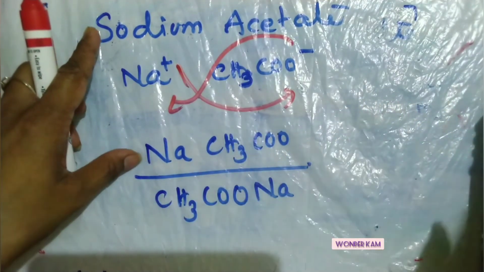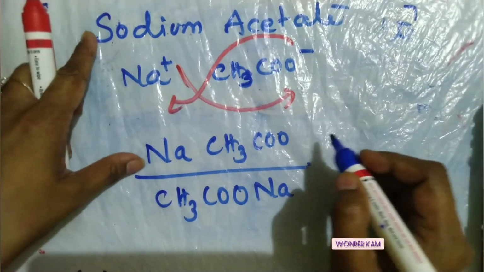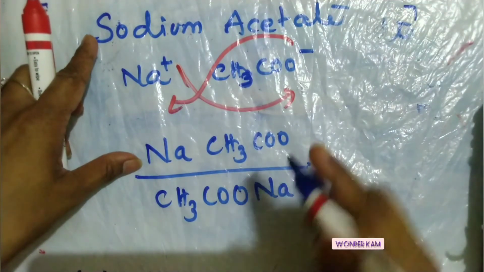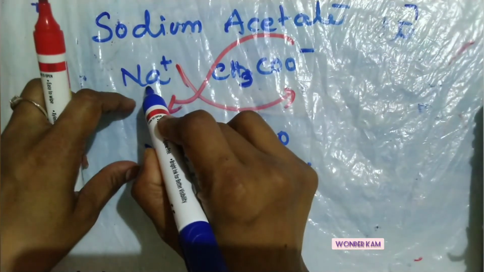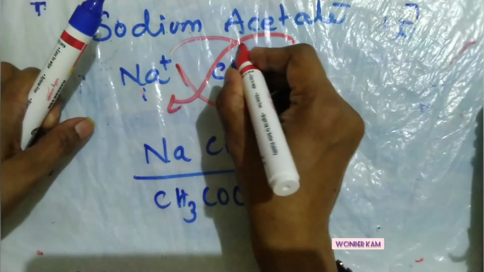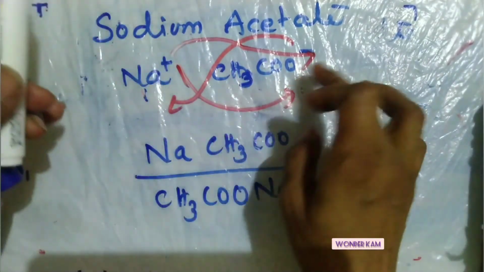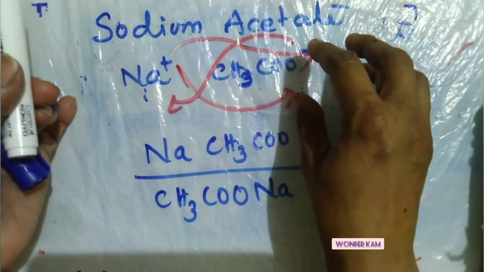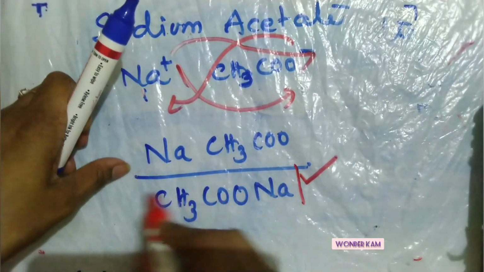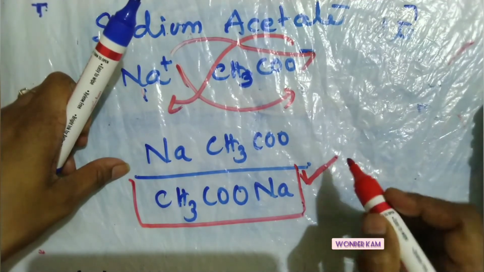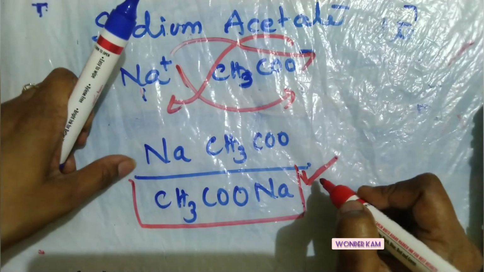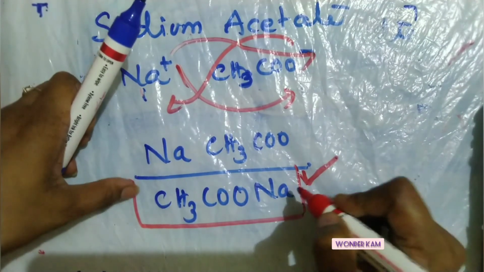But in organic chemistry, generally the structure is given more importance. Sodium, a positive ion, would be attracted towards the negative ion, so sodium is attached at the end, and structurally they want to represent the formula that way. This is also correct, but this is the convenient way, and this is the usual notation of sodium acetate: CH3COONa.